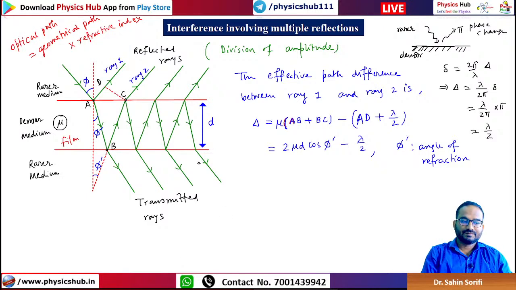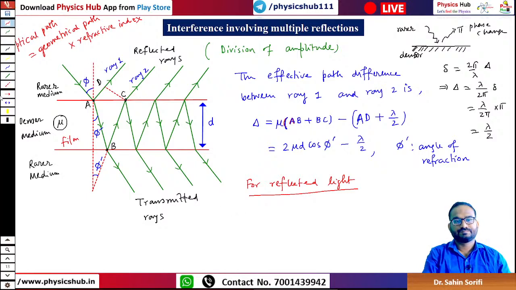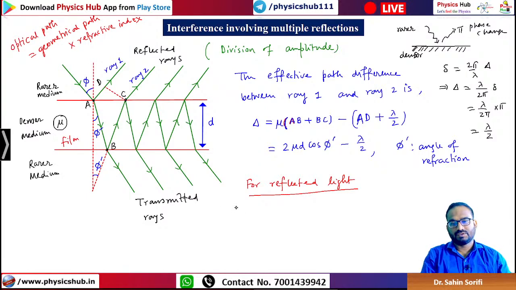That is why we get the condition of interference for reflected light. What will be the condition for, let's say, maxima?